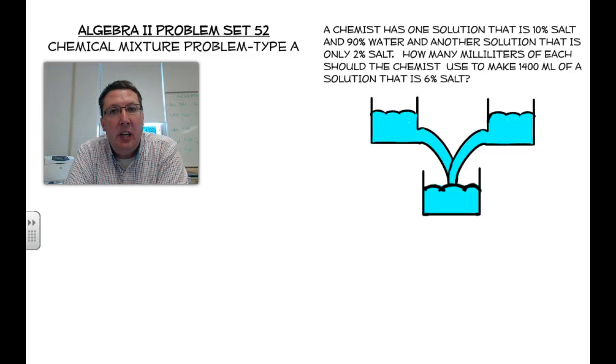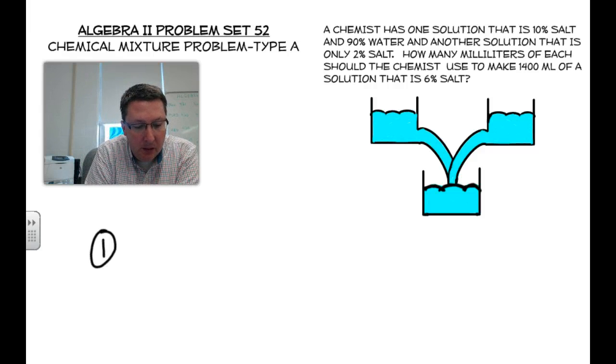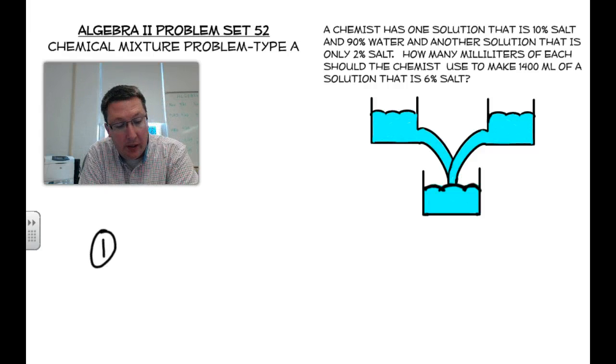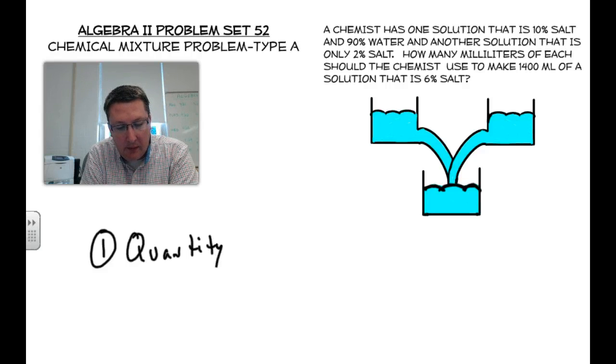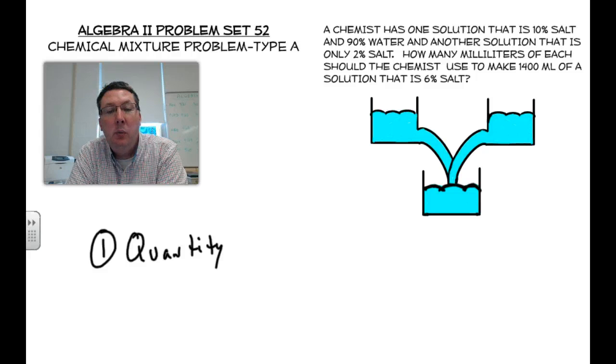I know it's going to sound very confusing, but I think you'll find these problems to be fairly easy. Now, we will be setting up some equations, and we're going to need two types of equations. Our first equation will be a quantity equation. Most of these problems are going to deal with liters or milliliters.